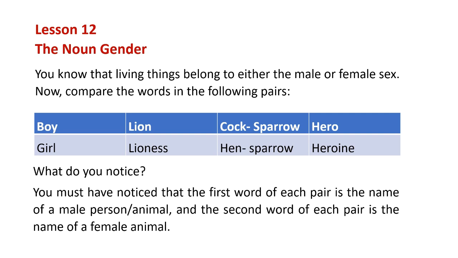Boy is used for a male, girl is used for a female. Lion is for a male and lioness is for a female. Cock sparrow is a male and hen sparrow is a female. Hero is a male and heroine is for a female.